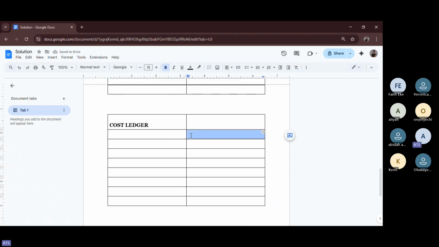So since those are there, you say opening inventory. Opening raw materials. How much? 60K.